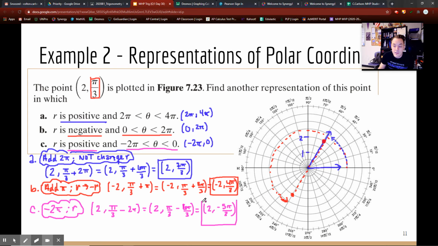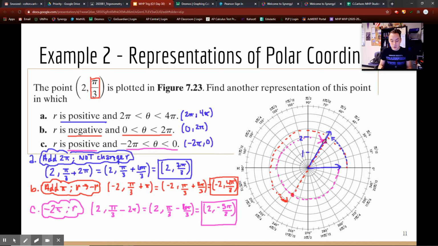Now, if I do negative 5 pi over 3, what it would technically do, guys, is this. I would go the negative route, 5 pi over 3, which would give me right here. And then since it's 2 and not negative, I just plot the point. And again, it's the representation. Okay? Awesome. So those are the representations.